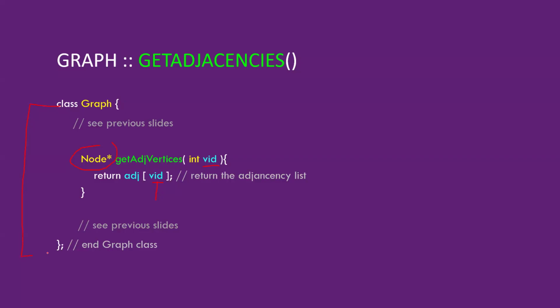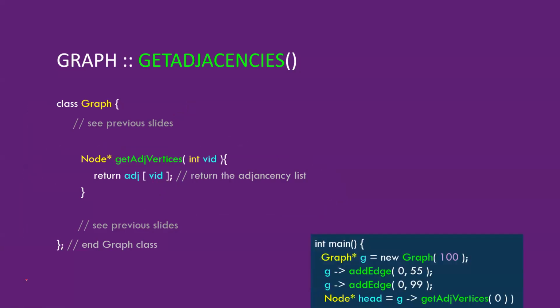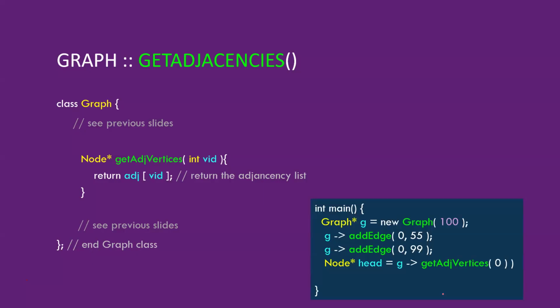Okay, so you'll see me using this in context. So this is the class, and this is the method buried inside of that class with a lot of other stuff missing from here and here. Okay. So I just want to give you that little signpost because we're going to use that today. Okay. So if we were in main, we could say, hey, I have a new graph with 100 vertices, add an edge from 0 to 55, add another edge from 0 to 99, and then get me the head pointer to the linked list for vertex 0, right?